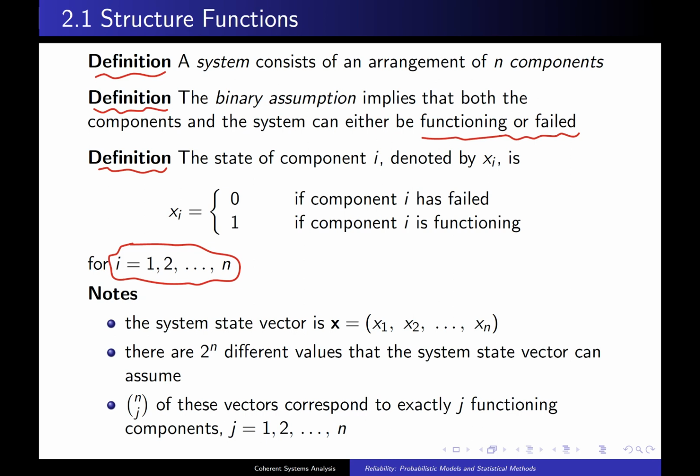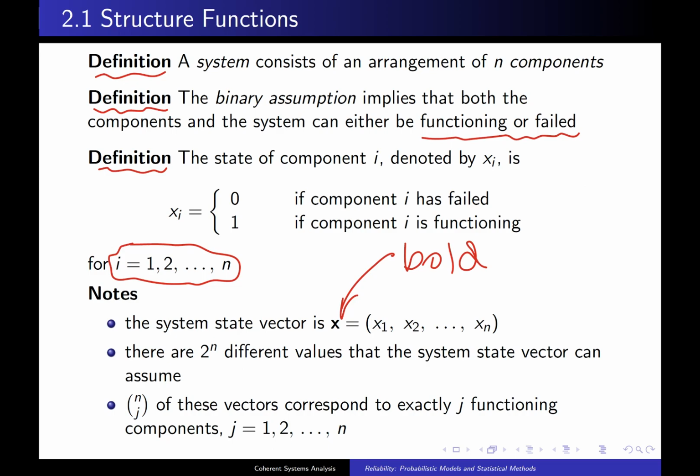A couple notes at this point. First of all, the system state vector is x, which is the components x1, x2 through xn. Now, here and elsewhere in the book, when you see something set in boldface, that means that it is a vector. And that applies not only to the slides but also to the book. Another note is that by the multiplication rule, there are 2 to the n different values that the system state vector can assume.